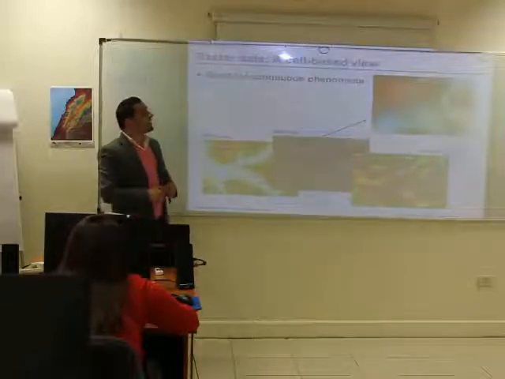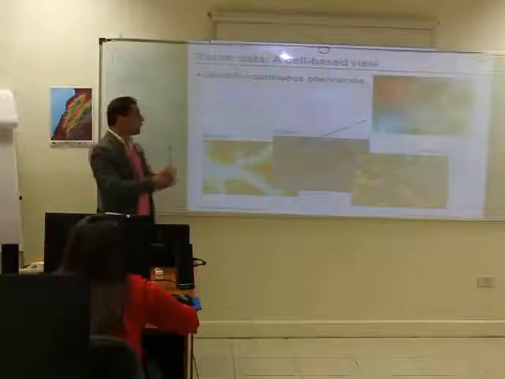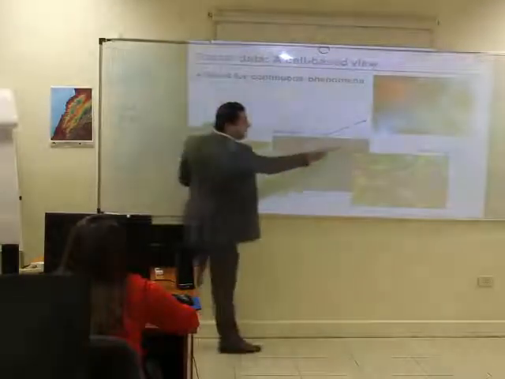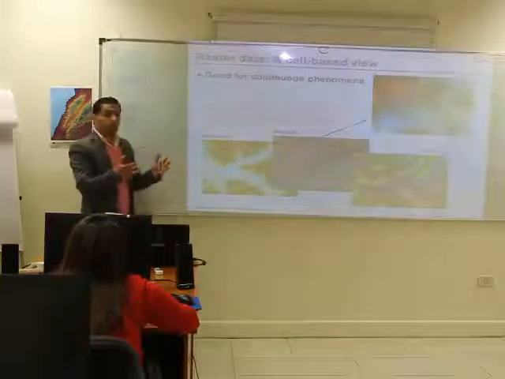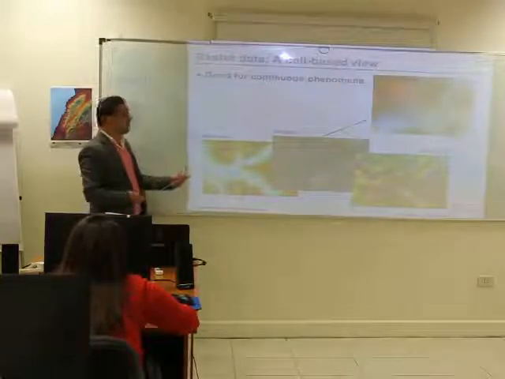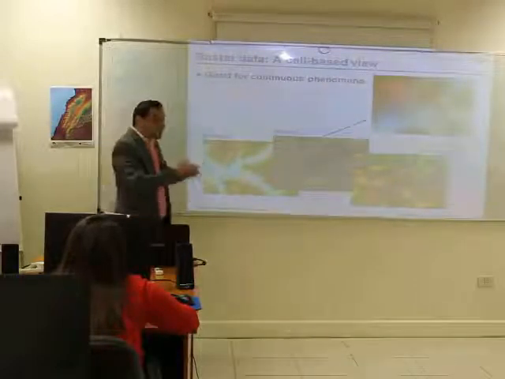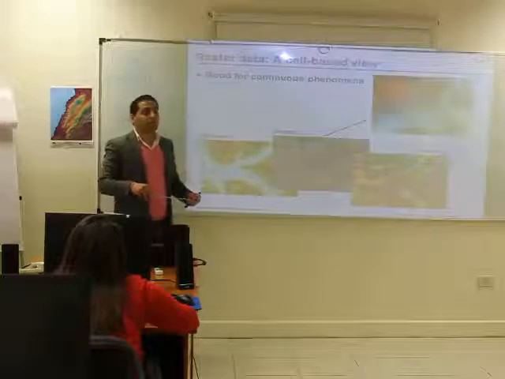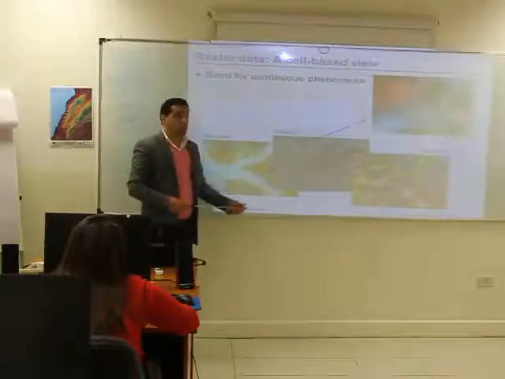Raster data is a cell-based view. It consists of a matrix of square cells, as we see here. An example of raster data is elevation, because it's a continuous phenomenon. It isn't bounded, so it's not represented as vector data. Imagery, like a satellite image or aerial photos, is another example.